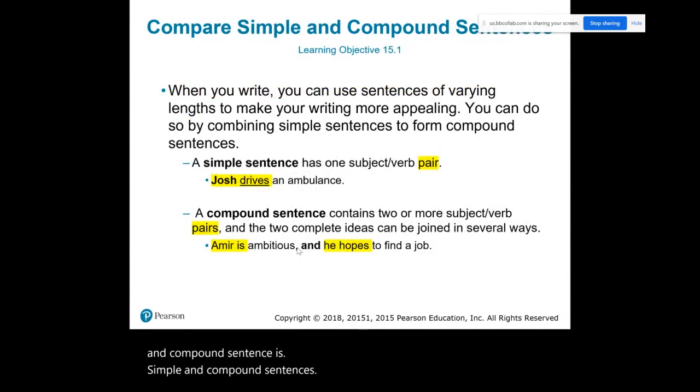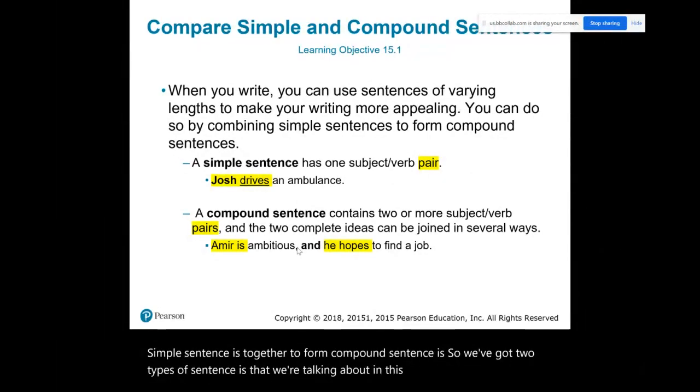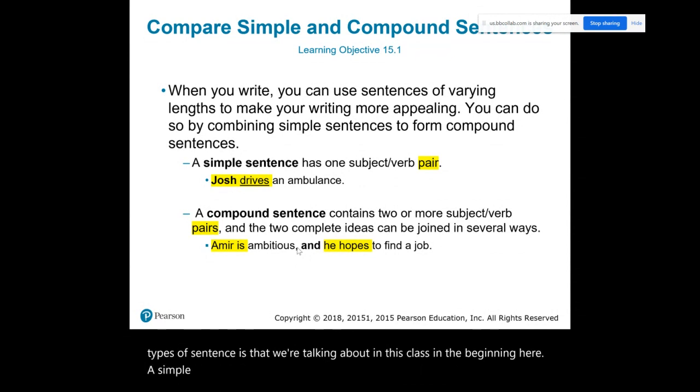When you write, you can use sentences of different lengths, like short sentences or long sentences, and you can combine simple sentences together to form compound sentences. So we've got two types of sentences that we're talking about in this class in the beginning. A simple sentence has one subject and verb pair.